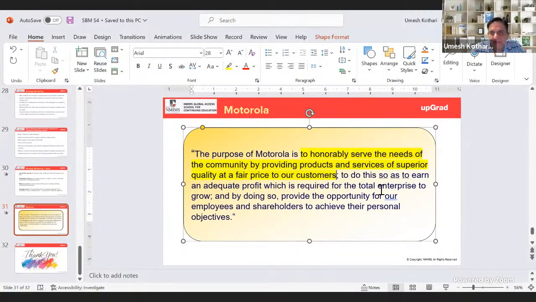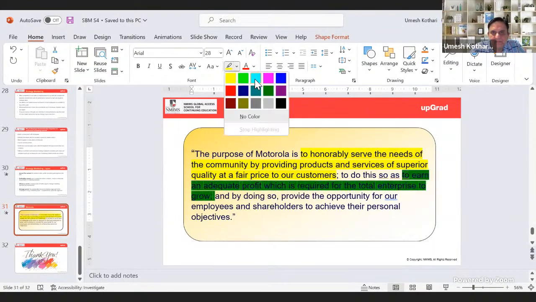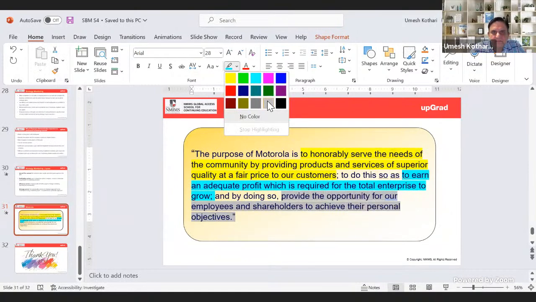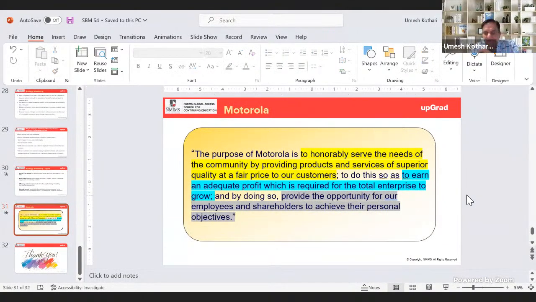So I highlight this in yellow, for example. Actually, there are three of them. So you have these three highlighted: the yellow, the light blue, and the gray areas.